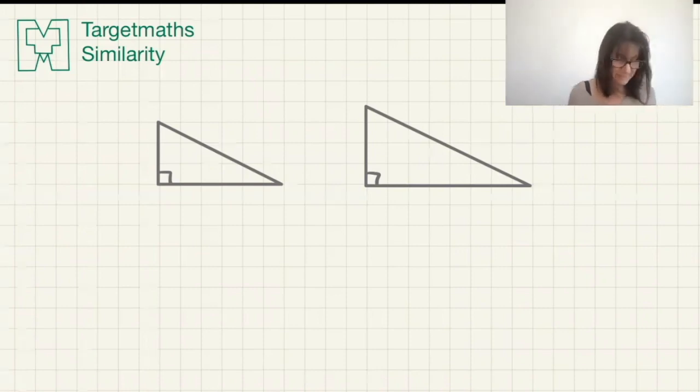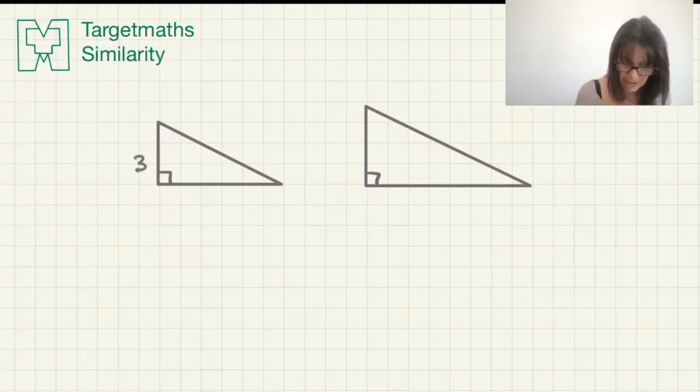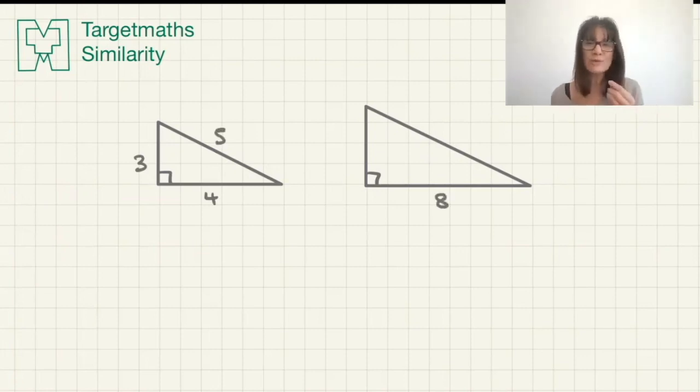So, for example, if I gave you this triangle, let's say 3, 4, 5, and I gave you 8 on this and told you they were similar, and this is an absolute key word, they will use the word similar, and this work is what that word needs to trigger. So similar is incredibly important. When you read it, everything we're doing in this session links just to that one single word.